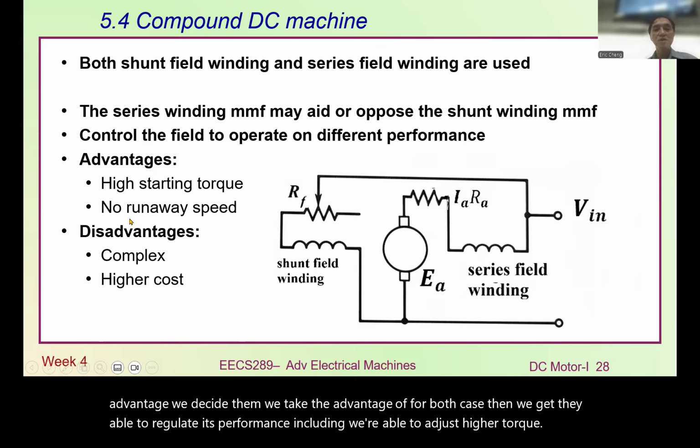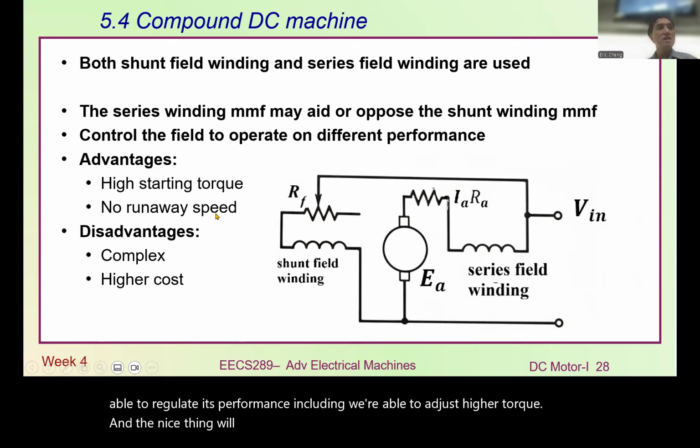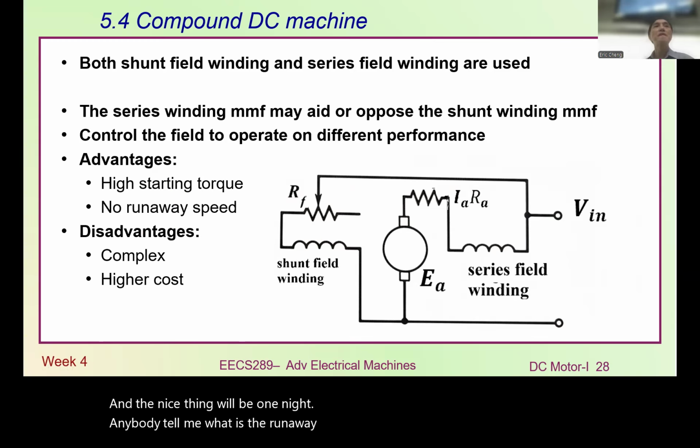Another thing will be runaway. Can anybody tell me what is the runaway speed? Have you heard about that? You heard about thermal runaway, right? What's the meaning of thermal runaway?